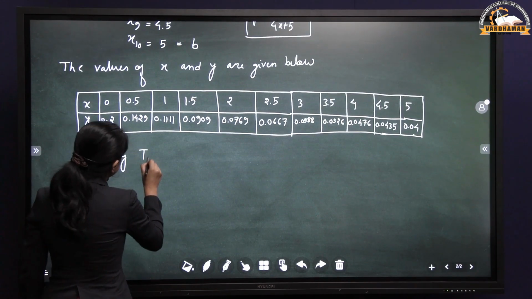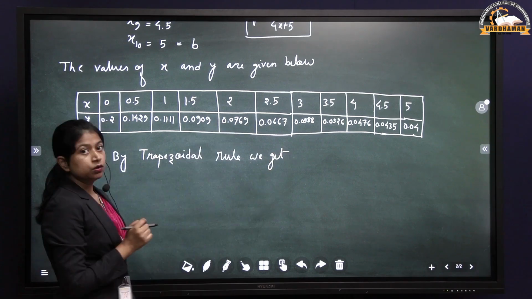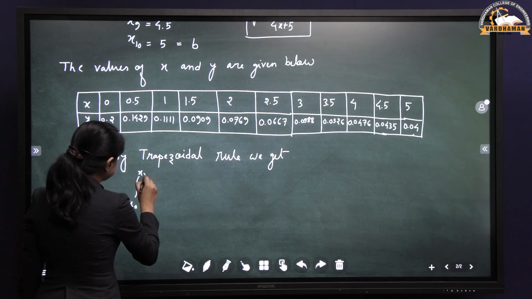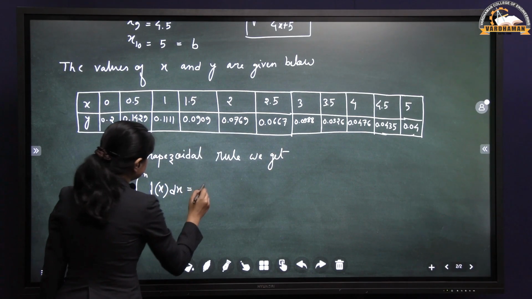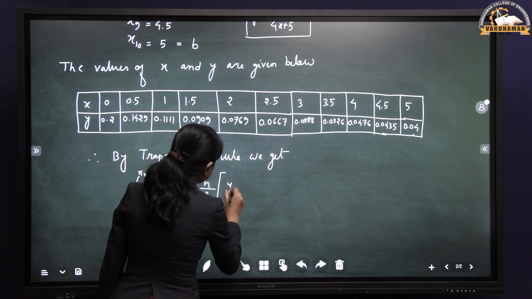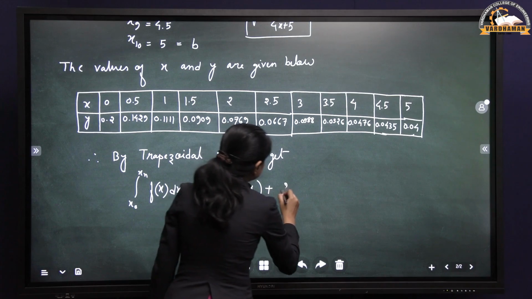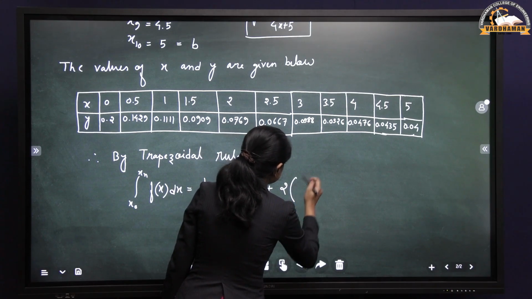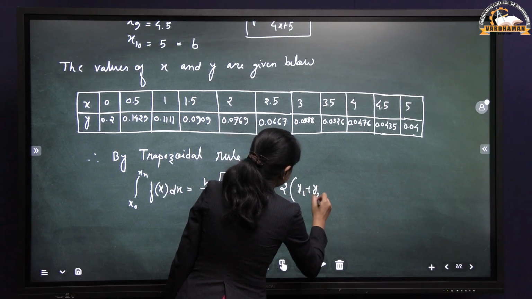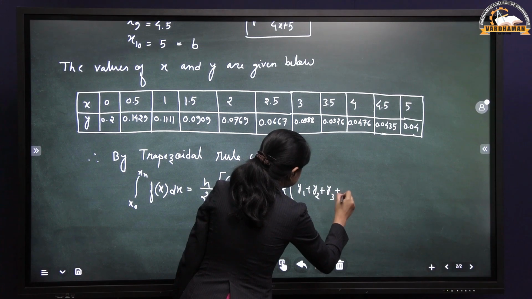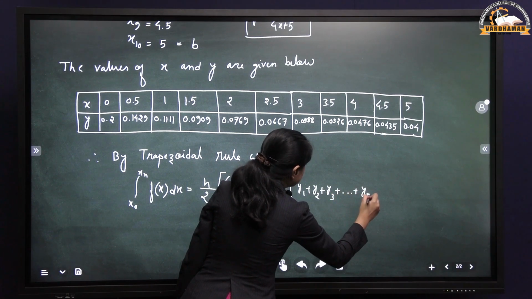Therefore, by trapezoidal rule, we know integral from x naught to xn of f of x dx is equal to h by 2 times y naught plus yn, first term plus last term, plus 2 into the sum of the remaining terms, y1 plus y2 plus y3 plus so on plus yn minus 1.